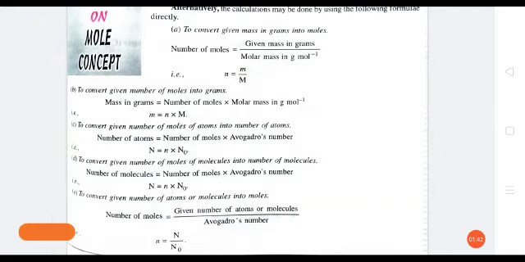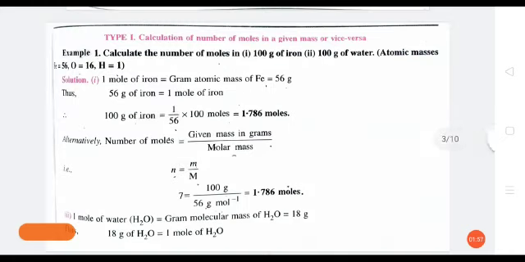Now see which type of numericals we have to solve on the mole concept. Again and again I am saying, my dear children, learn this formula properly. Type 1. Calculation of number of moles in a given mass or vice versa.